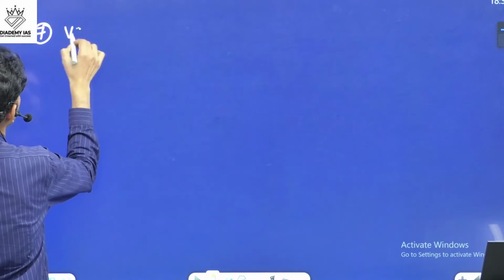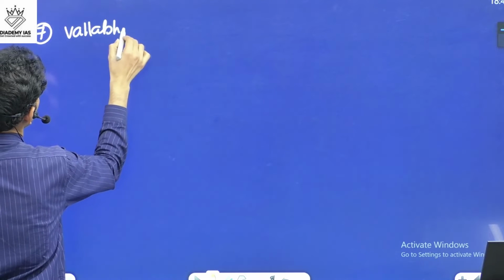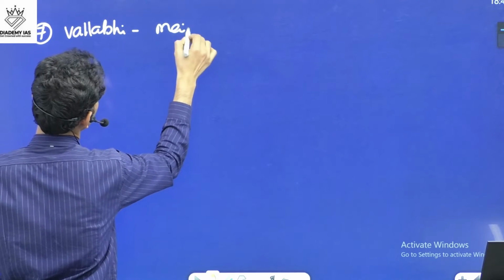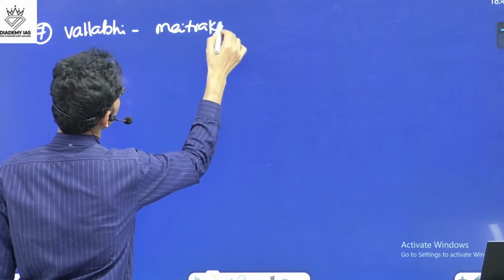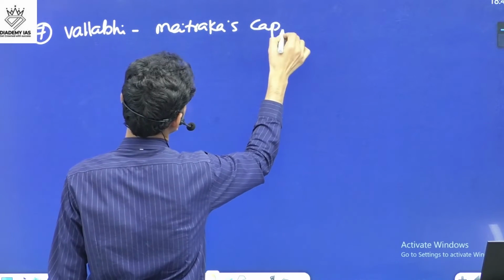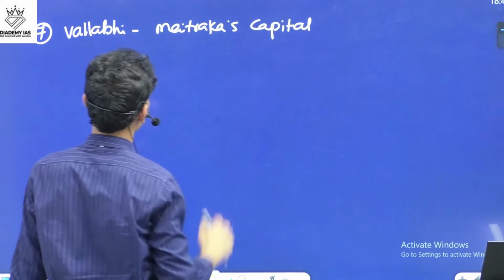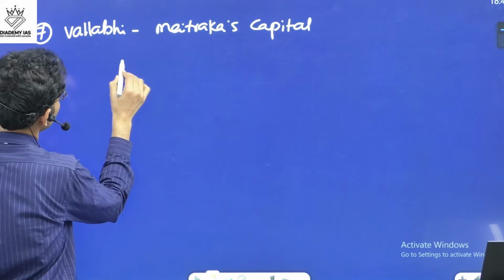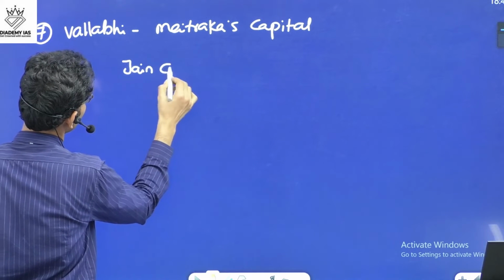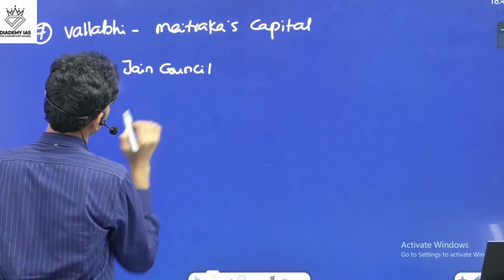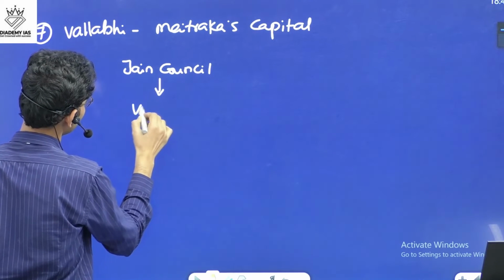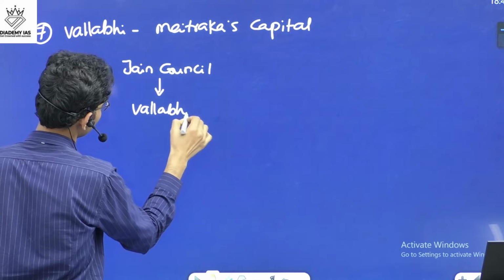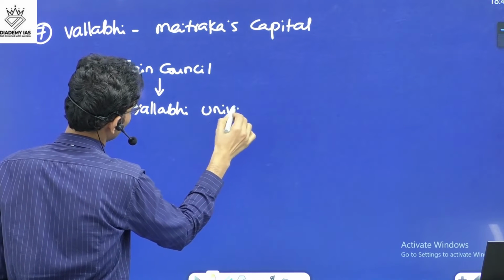Seventh one, Vallabhi, Maitrakas' capital. It is a center of Jain council, known as Vallabhi University.